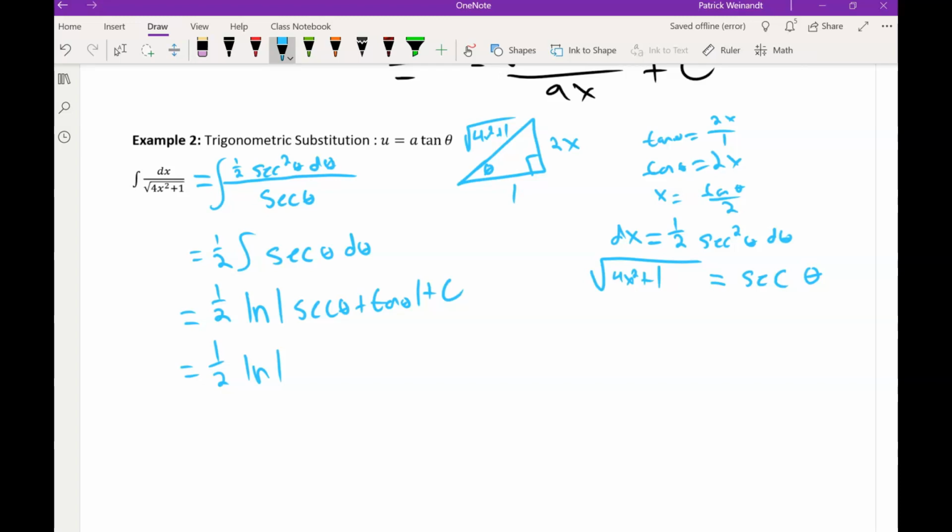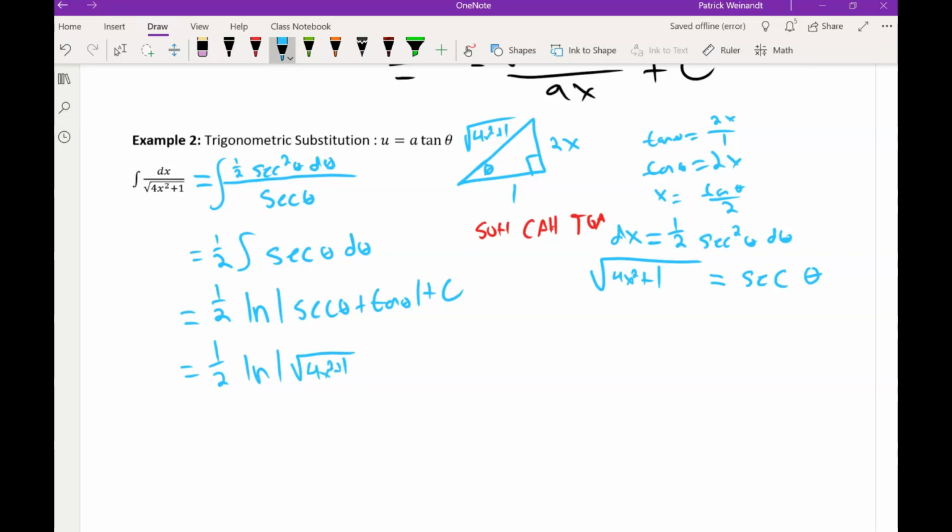Maybe I should just write this down. SOHCAHTOA. All right. We know that secant is the reciprocal identity for cosine, so instead of adjacent over hypotenuse, it's hypotenuse over adjacent, which is the square root of 4x squared plus 1 over 1, so the square root of 4x squared plus 1.